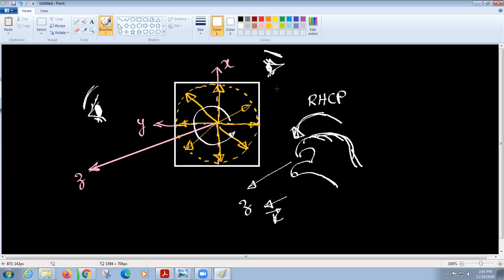So according to the physics community, this is left-hand circular polarization, but according to the IEEE community, it is right-hand circular polarization. Okay. So anyways, we will solve with an example. You'll understand what polarization we have and what the 90-degree phase difference between the EA and EB components is.